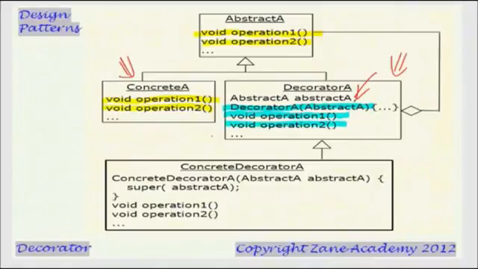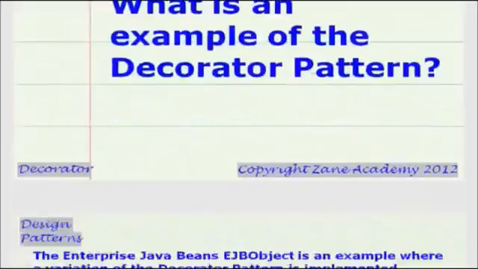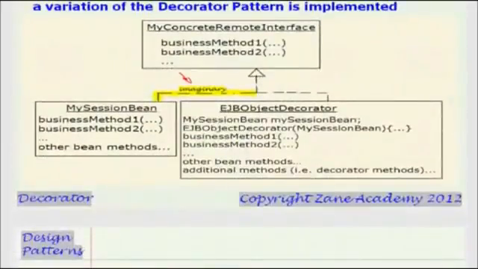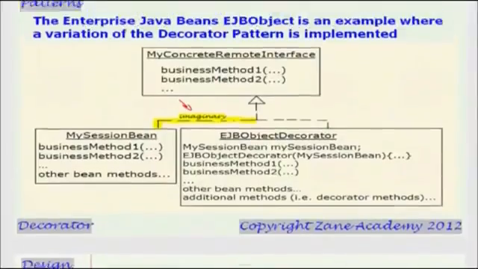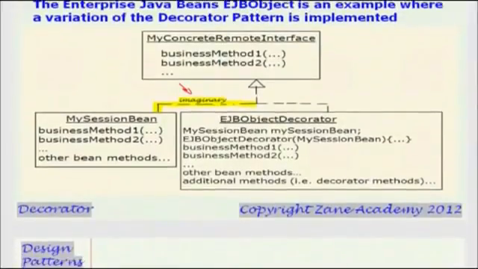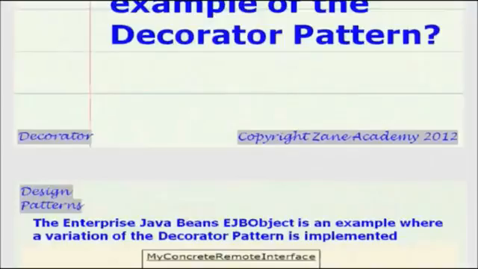Now we also extend from Decorator A, and we extended concrete decorator A. Decorator A could also be an abstract class, and concrete decorator A is going to have the actual functionality. In the example, I did not put an abstract class in between, but it depends on how an application server implements it, and in this case I just didn't put it in between.